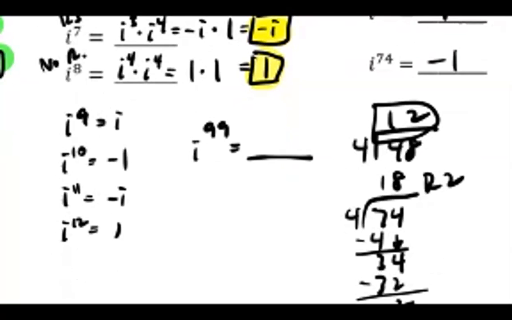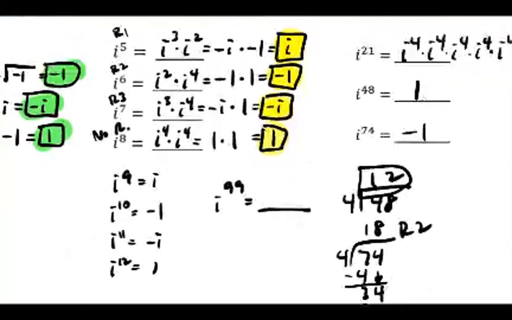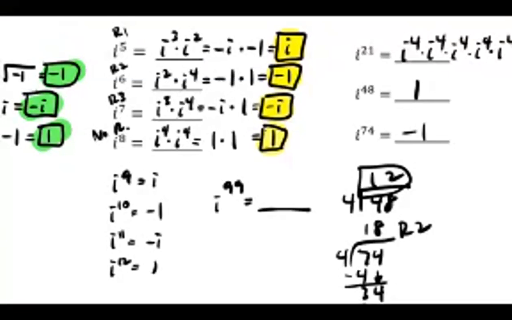What is i to the 99th power? What remainder does 99 have? 2. It has a remainder of 2. So that means your answer is going to be -1.